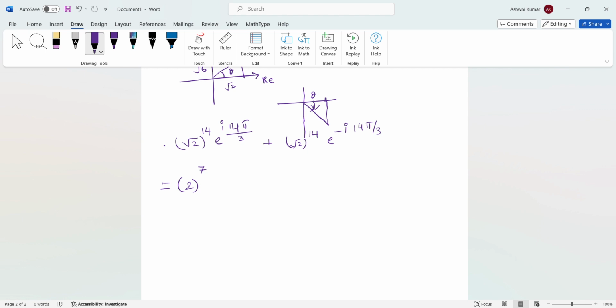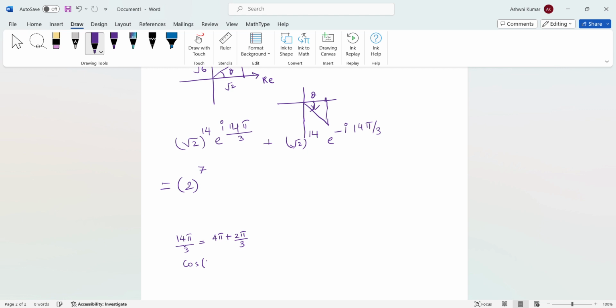This term e to the power i 14 pi by 3, what can we write? 14 pi by 3 can be written as 4 pi plus 2 pi by 3.